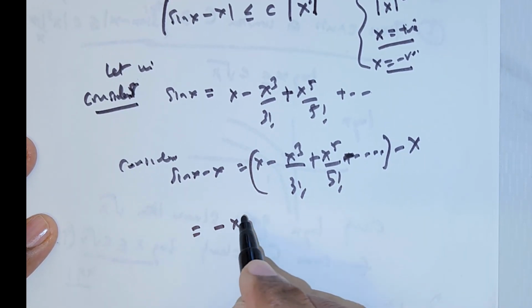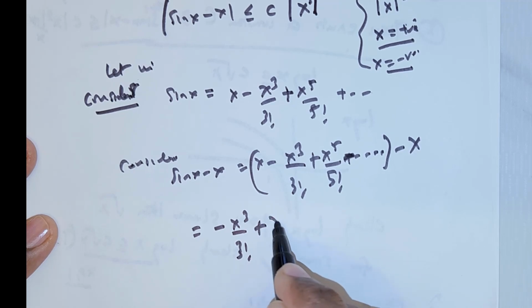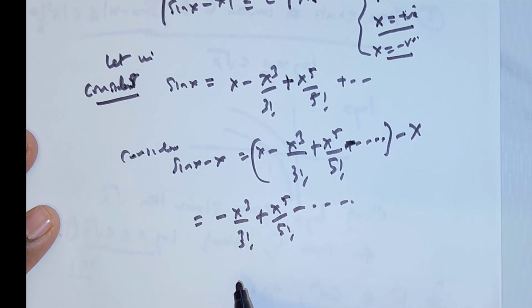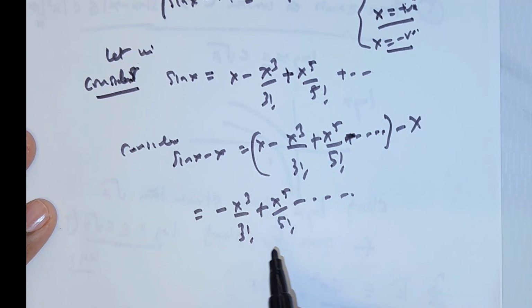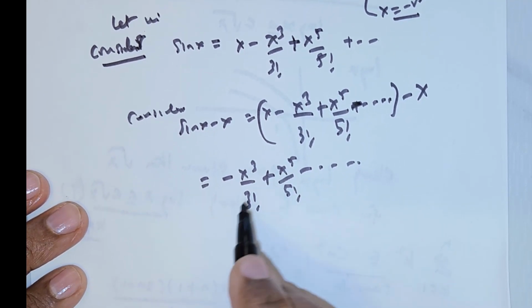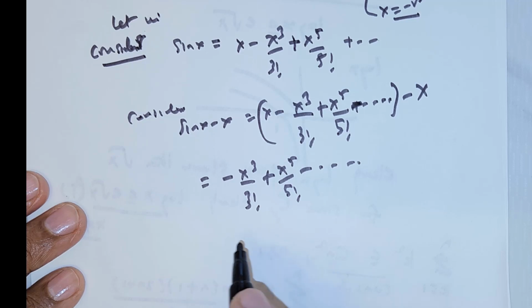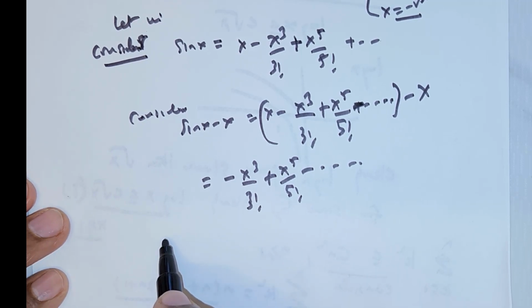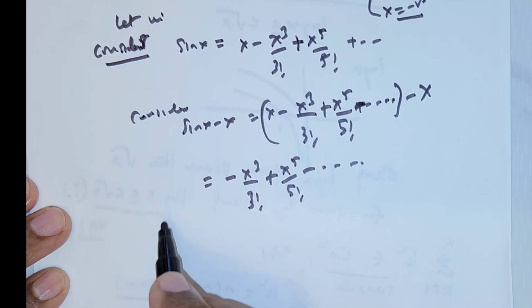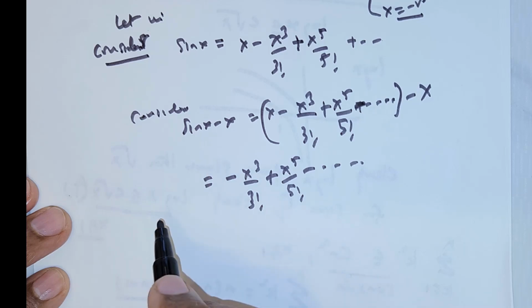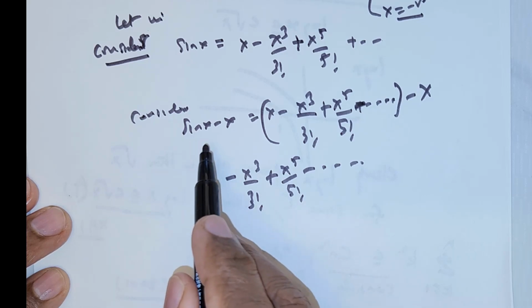So this is going to give me negative x cubed over 3 factorial plus x to the power of 5 over 5 factorial minus, so on it goes. Okay, so in this case we are taking the modulus. I have not applied the modulus yet.